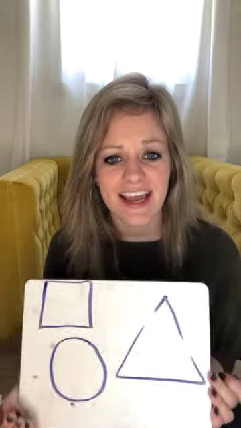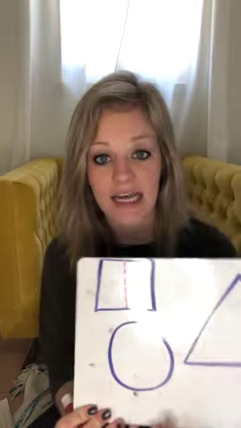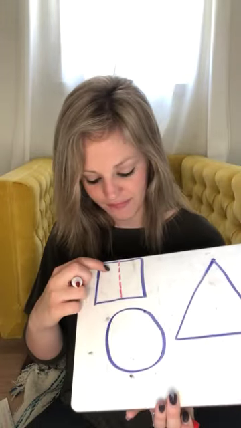So today in math, I'm going to show you that you can do the same thing with shapes. So if we were to cut, but I can't actually cut my whiteboard in half, so I'm just going to use dotted lines. If I was to cut this rectangle in half, it would be the same size on either side of it, right?